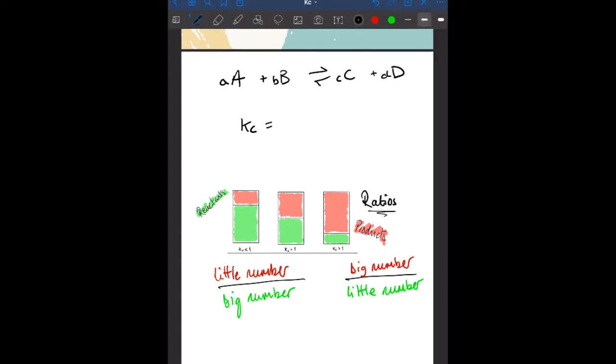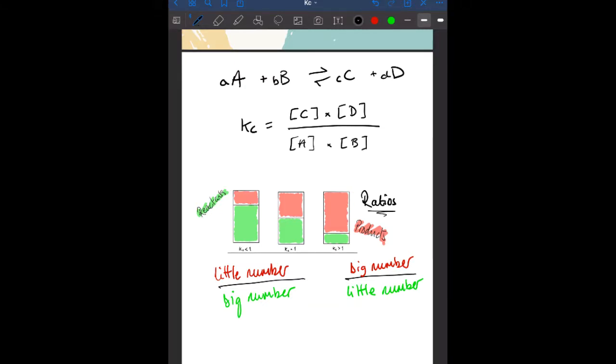The KC equilibrium constant is products C times by D over the reactants A times by B. That's not it. These little numbers here, or these little letters, are significant.